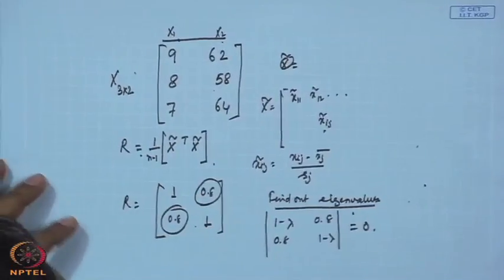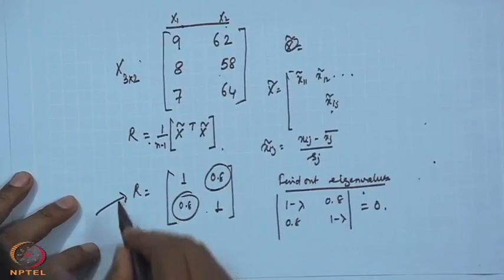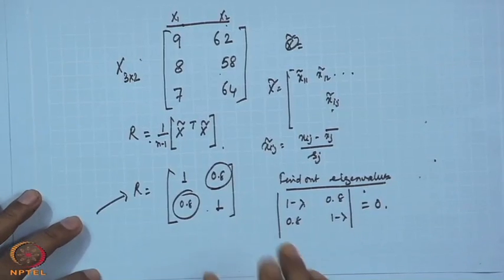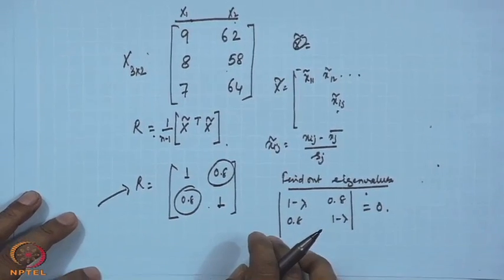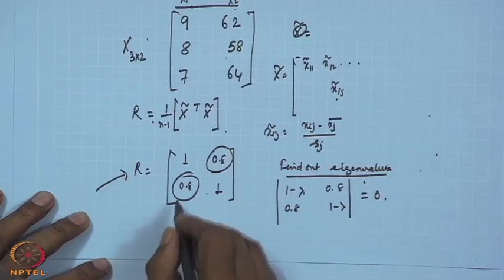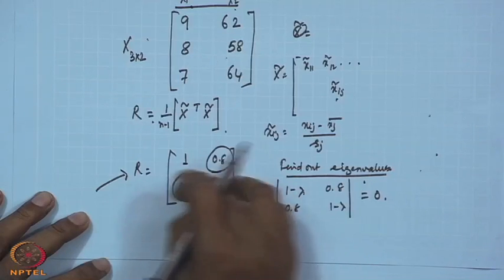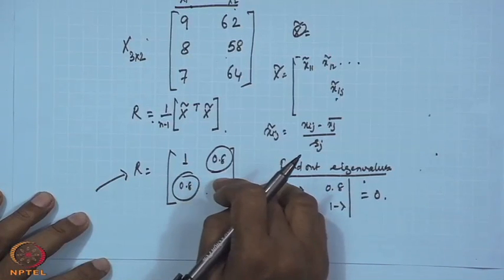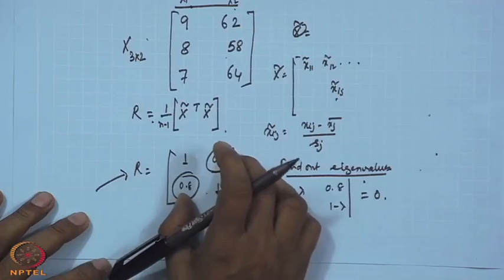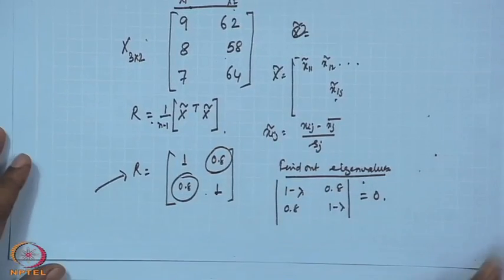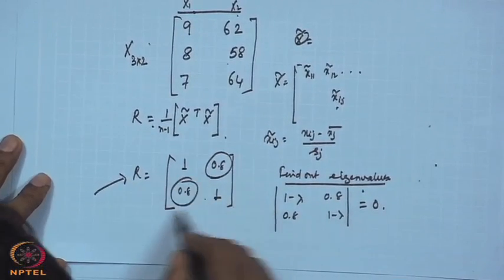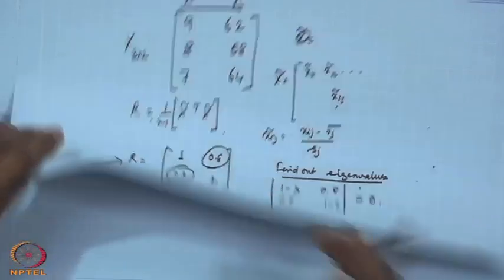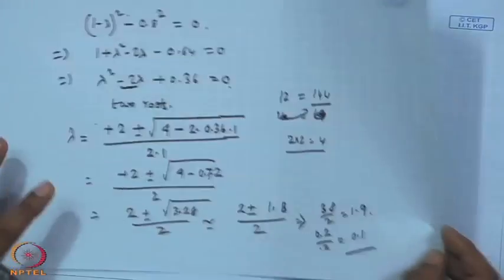So, essentially, multicollinearity issues can also be tested using the R matrix. The value of the correlation coefficient will tell you that yes, there is multicollinearity. Definitely, in the two-variable case, when it is 0.8, it is saying that there is almost multicollinearity.